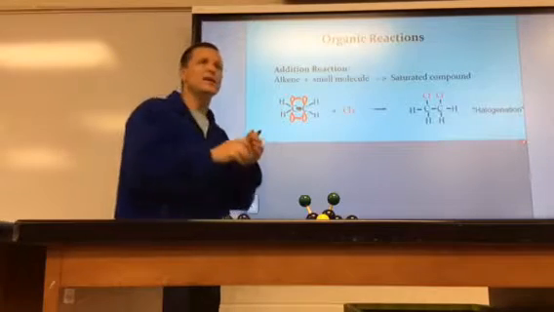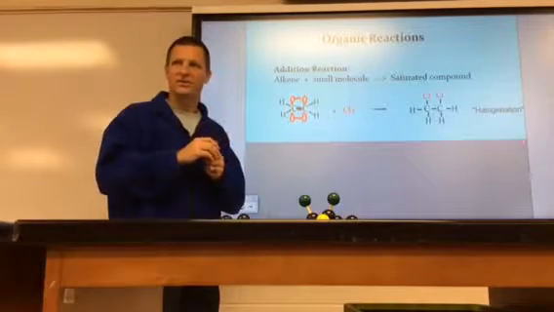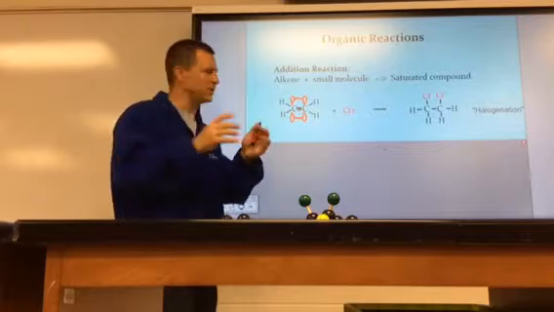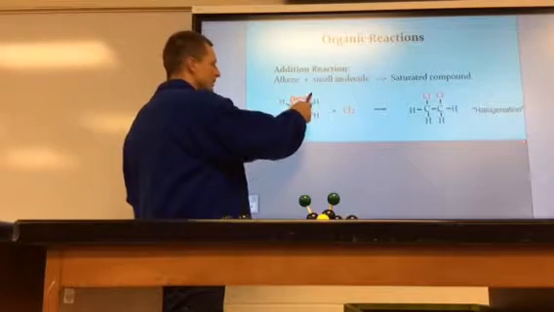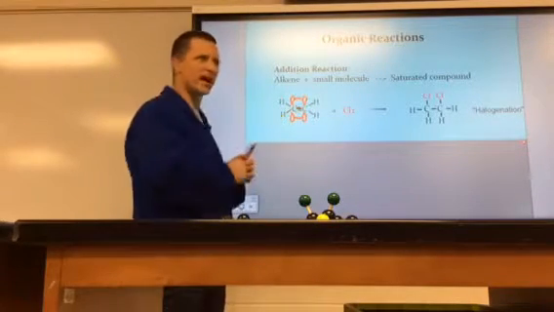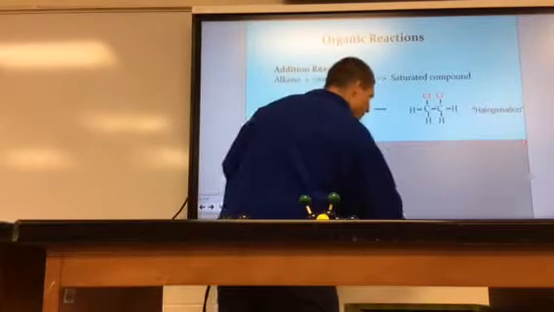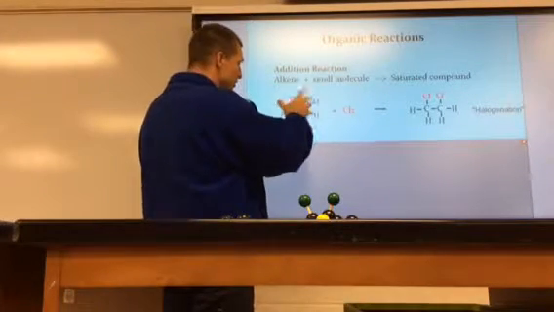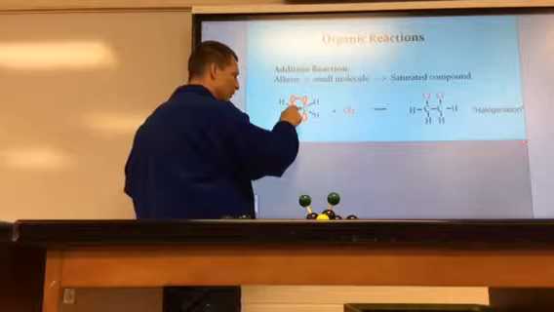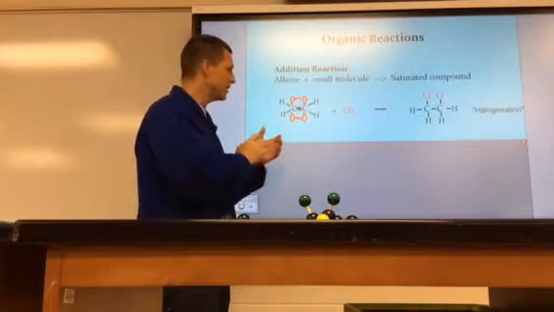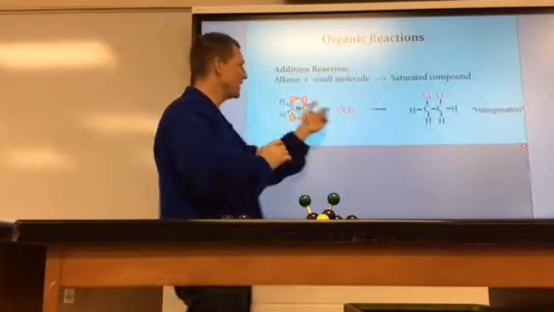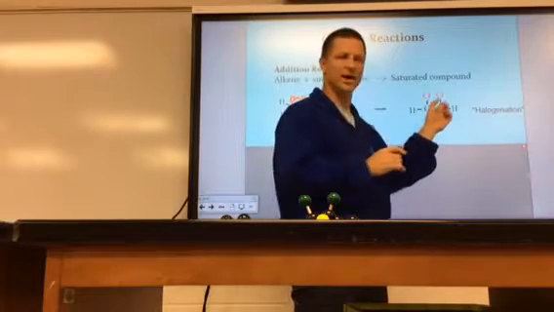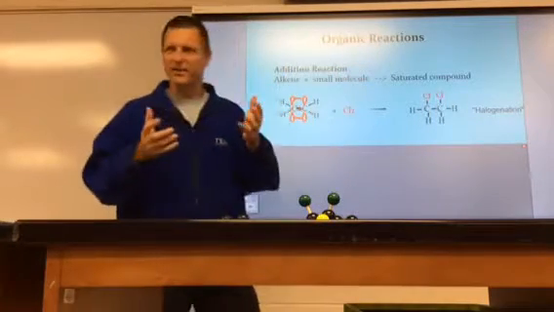That pi bond is subject to getting attacked. And that's what is most likely when you have an unsaturated compound, the reactants are going to go looking for those pi electrons. So when you have an addition reaction like this, the sigma bond between those 2 never gets touched. You got the sigma and the pi, and it ends still having that sigma bond there. So it's only the pi bond that gets attacked.